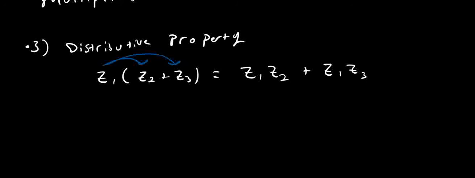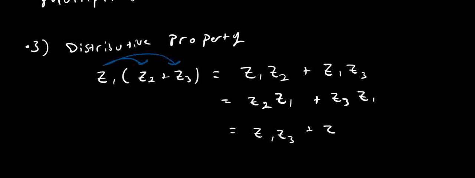And from the commutative laws, I could also write this as z2 times z1 plus z3 times z1. That's by using the commutative law of multiplication, because I just switched the order of multiplication. But remember, addition is also commutative, so I can switch to this order too, because this could be z1 times z3 plus z2 times z1. All three of these are the same thing. And we could probably do it another way, but that really isn't productive. So let's continue on.